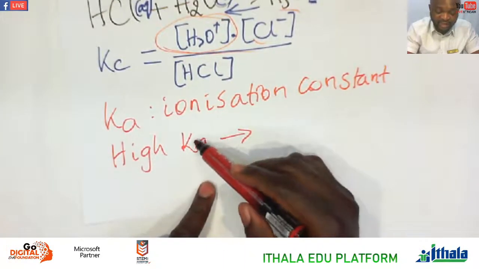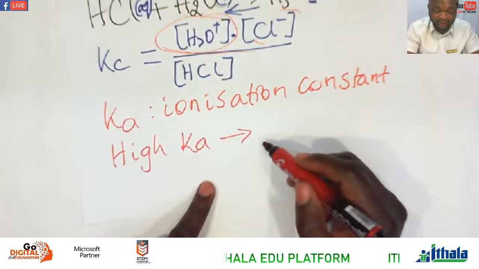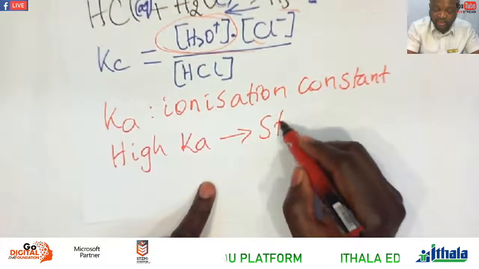This simply means the higher the Ka, the stronger the acid, right? High Ka means what? A strong acid.